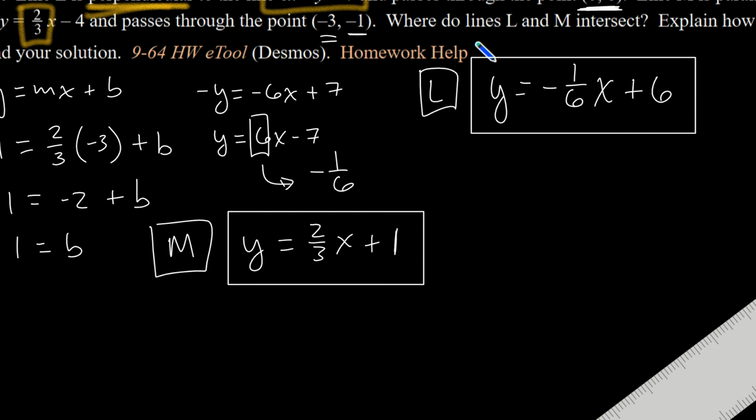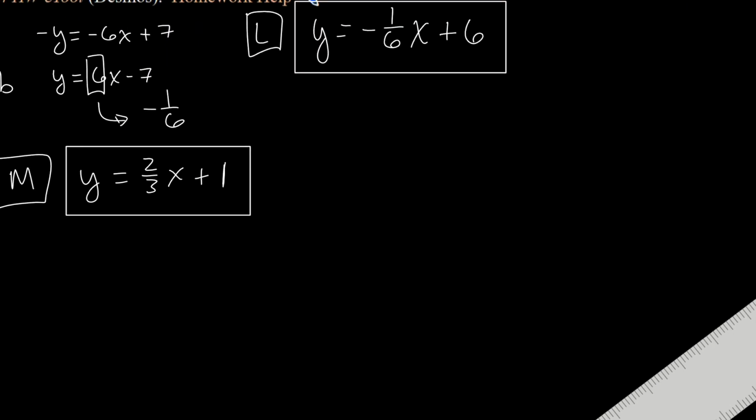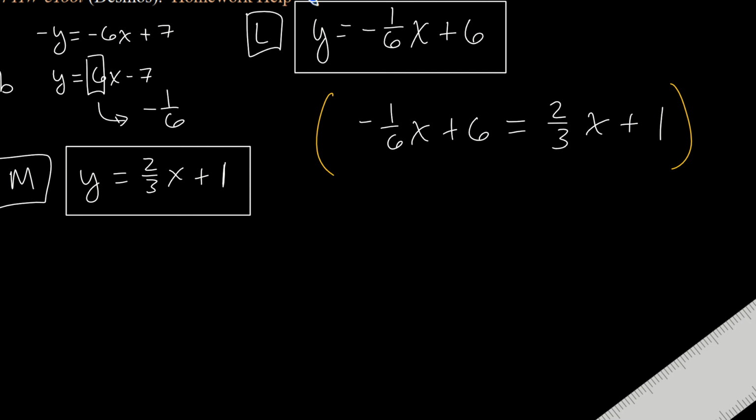Well, let's use the equal values method. They're both in y equals form, right? So we'll take the line L's y, which was negative 1/6 x plus 6, and then we'll take line M's y, which was 2/3 x plus 1, and let's push a factor of 6 across the whole thing, right? So both sides, every single term is going to get a new factor of 6.